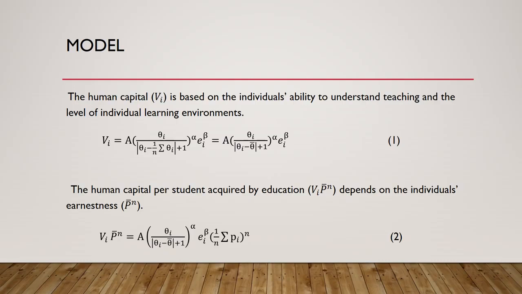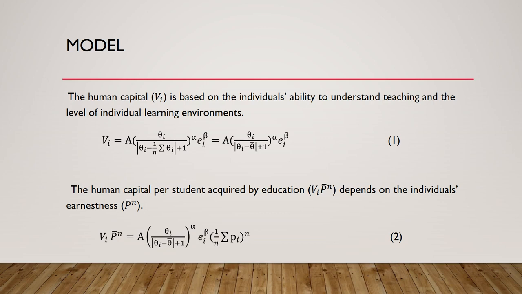Theta upper bar is the average level of students' ability to understand teaching in a classroom. And E i is the level of individual learning environments, such as the amount of provision of school supplies from family or parents' perception and attention towards their children's learning needs.